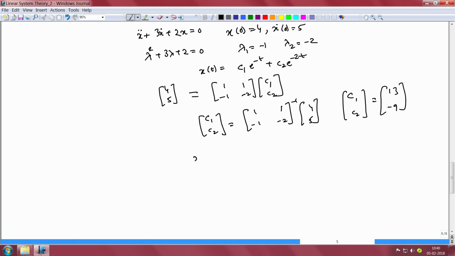In other words, x of t will be equal to 13 times e power minus t minus 9 times e power minus 2t.